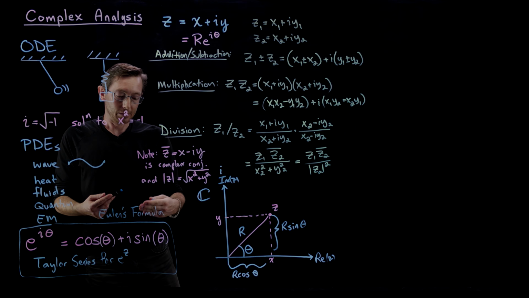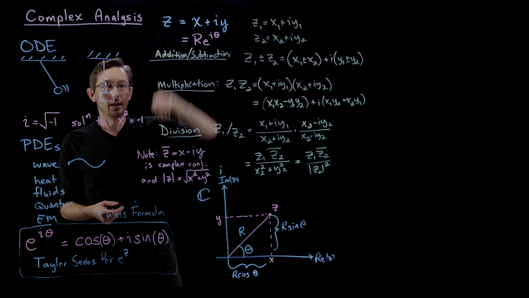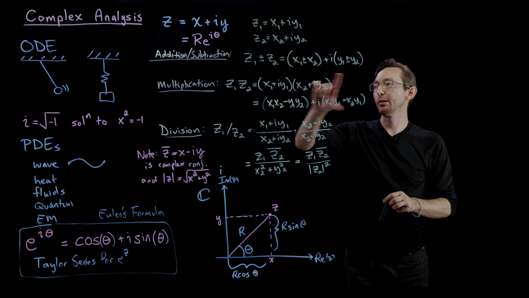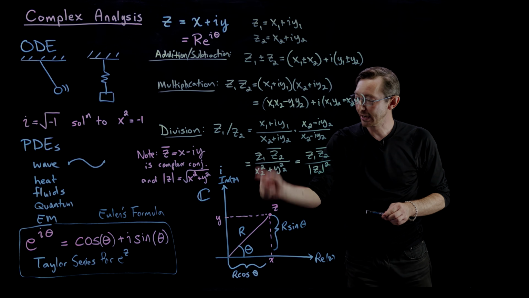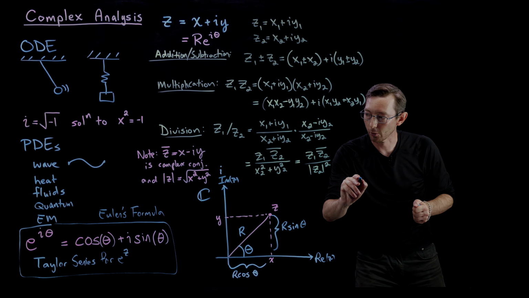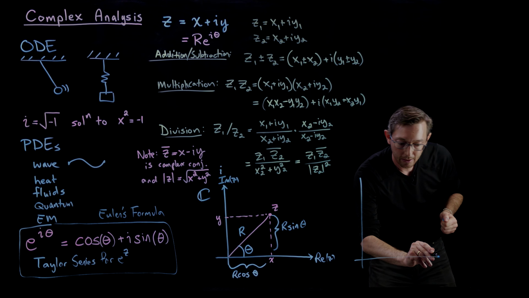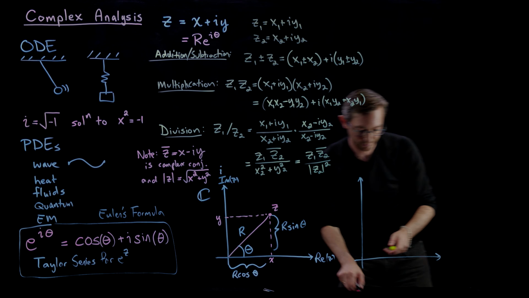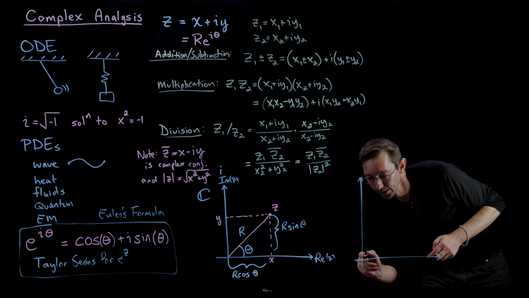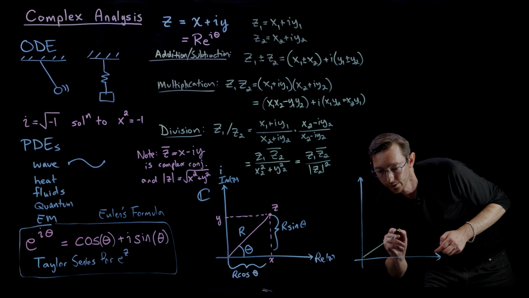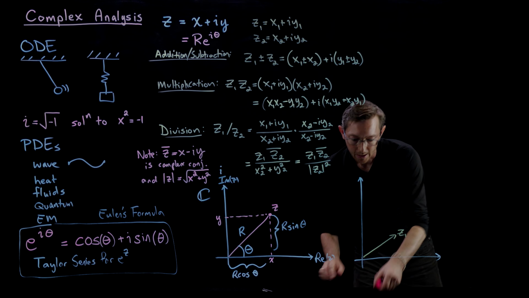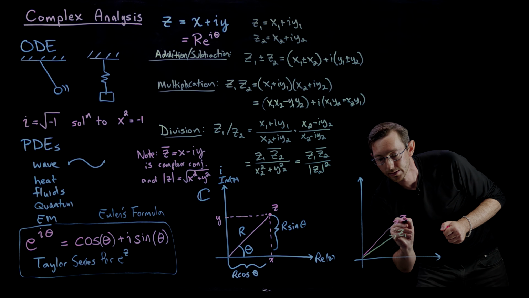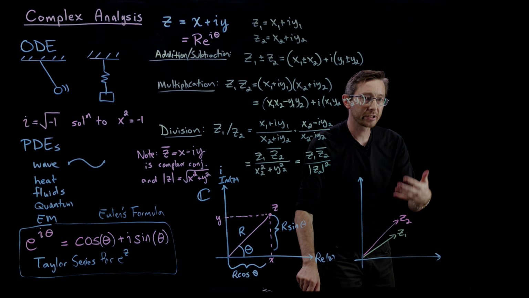We're using this to write down this complex number in polar form. But what I really wanted to show you is that complex multiplication is particularly easy when we write it down in polar form. Let's do that. Let's say I have a few vectors, and I'm going to use different colors for these. Let's say I have some vector, let's call this z1, and then I have another vector, z2, and I want to multiply these.